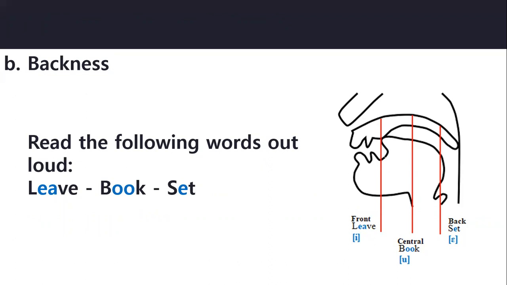In addition, when pronouncing E in set, the tongue remains in a central position. So, as shown in the diagram, there are three possible backness positions for vowels, either front, central, or back.